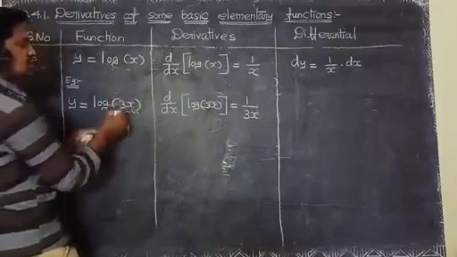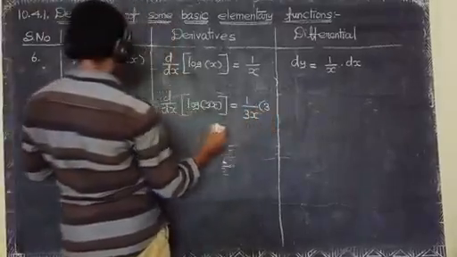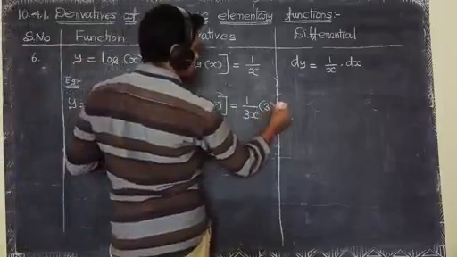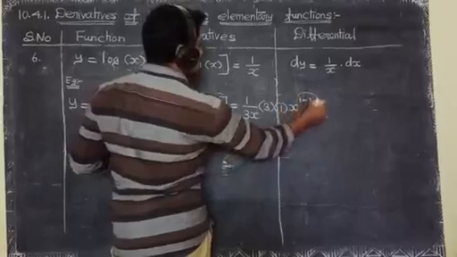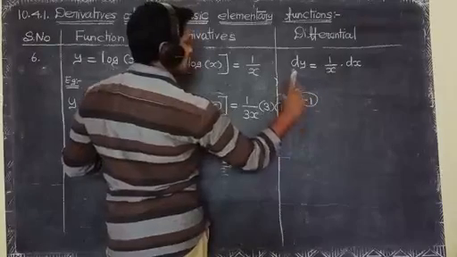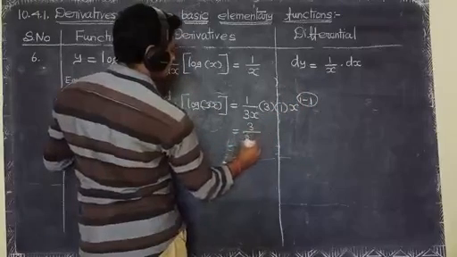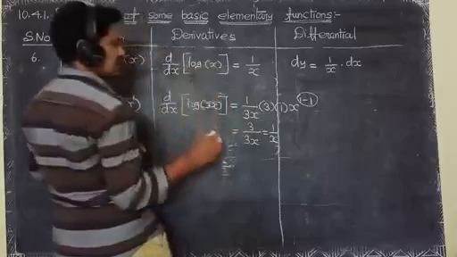Once again, differentiating 3x, that is 3 into x power 1, gives 3 into 1 into x power 1 minus 1. 1 minus 1 is 0, and x power 0 is 1. So 3 into 1 is 3, divided by 3x, which is equal to 1 by x.